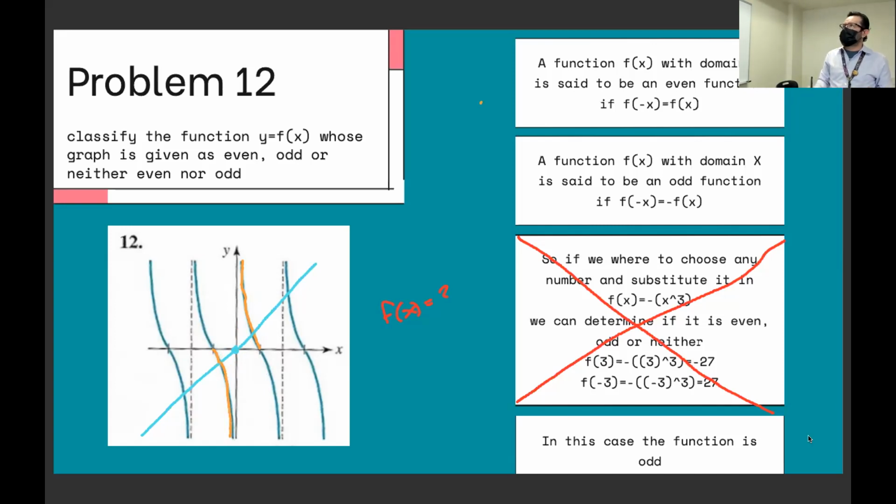So what we can conclude from the information we have from the graph is that the function is odd, okay?